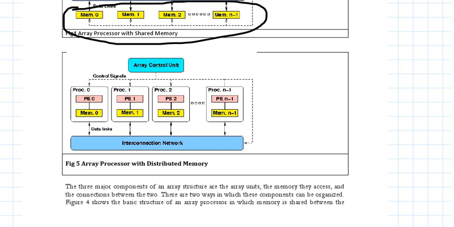But a question might arise: can a memory element which is native to some processing element be accessed by another processing element if necessary? Say, for example, memory element 0, which is native to PE0, somehow needs to be accessed by processing element 2. Will it be possible?